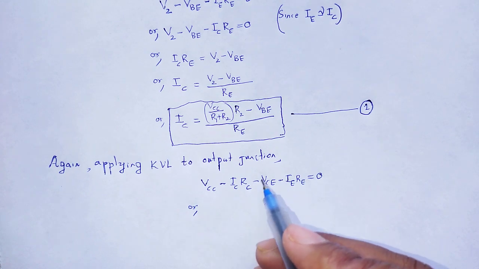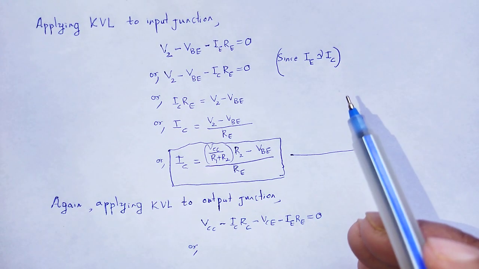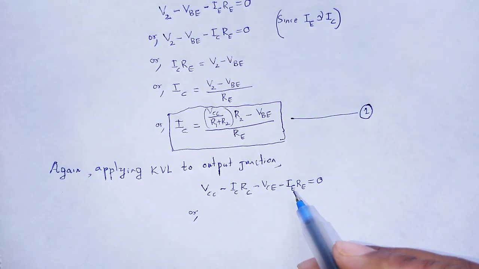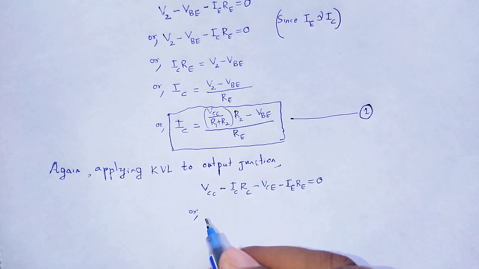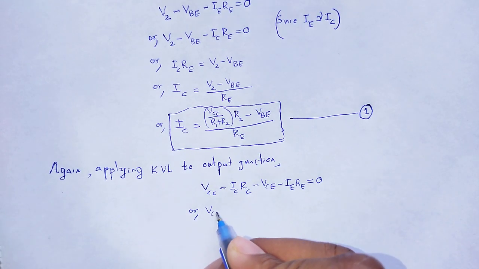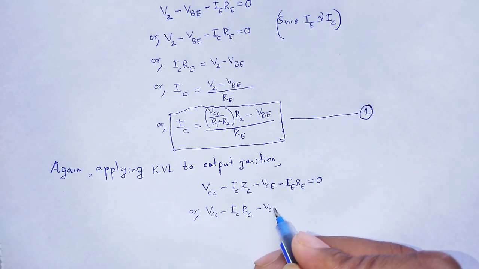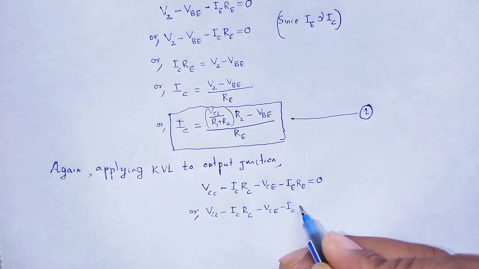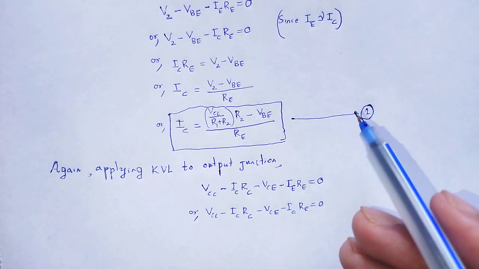Our requirement is VCE. As you know, IE is nearly equal to IC. Instead of IE, we can substitute IC. VCC minus IC RC minus VCE minus IC RE is equal to 0, as IE is nearly equal to IC.